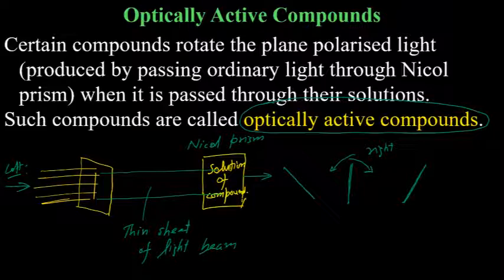So it will rotate that light beam either towards left or towards right. Depending on whether it rotates to right or left, there will be different types of optical compounds. But this tells us that that particular compound is optically active. Optically means related to light. So it is rotating the light. That's why it is optically active.